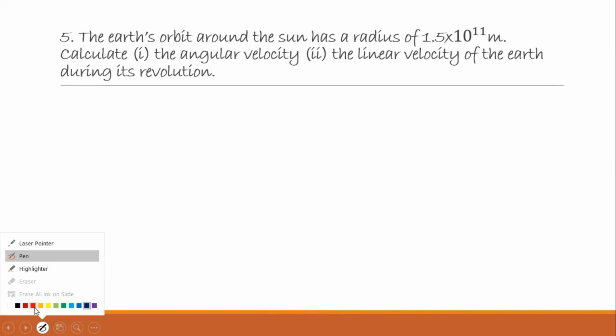You can see you are not even given the period, but by the moment you hear the word revolution, what should come to your mind is how long does it take, because a revolution simply means complete a cycle. How long does it take Earth to orbit the sun?